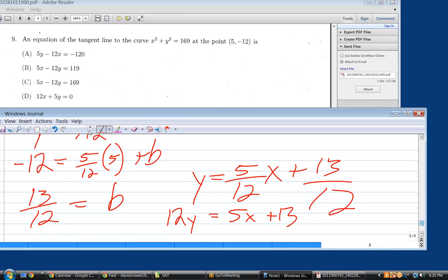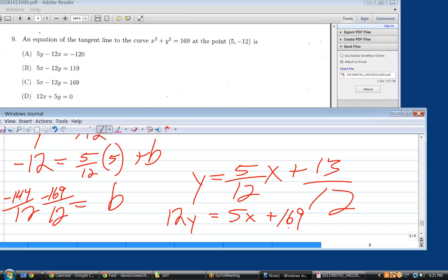I tried to be too fast. This is minus 144/12. And when I have to actually subtract 25/12 from that, so I get 169/12. Now when I multiply everything by 12, I get 169 instead of 13.